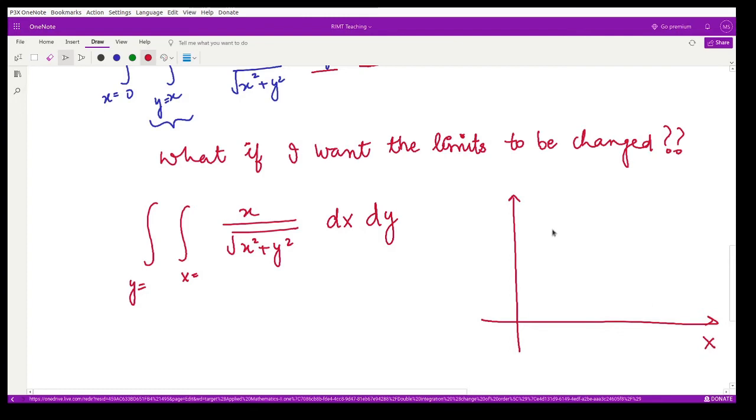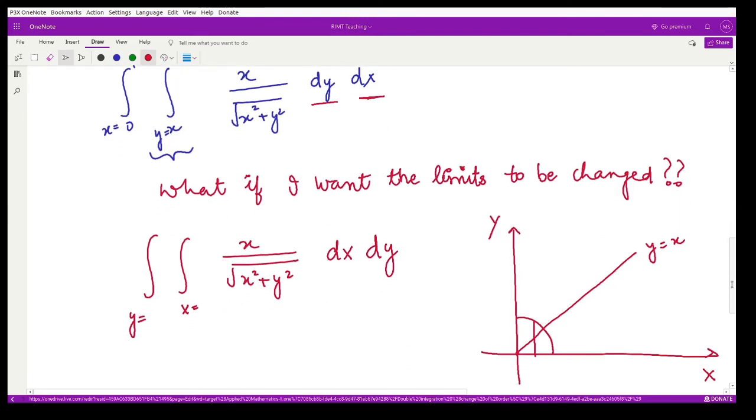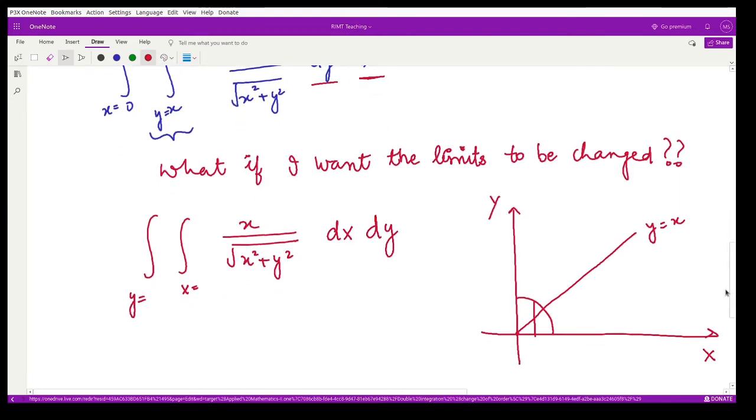Accordingly, say this is your x-axis, this is your y-axis, this is the line y is equal to x, and then you have the circle. Here you have the line x is equal to 1, this is x is equal to 0, this is y is equal to square root of 2 minus x square, and your region was this one.